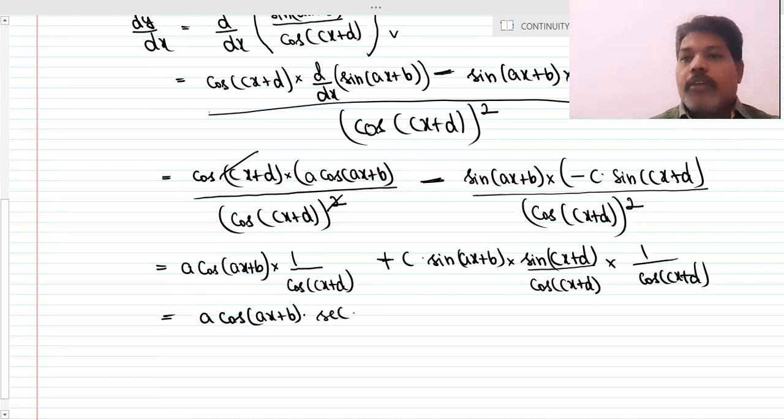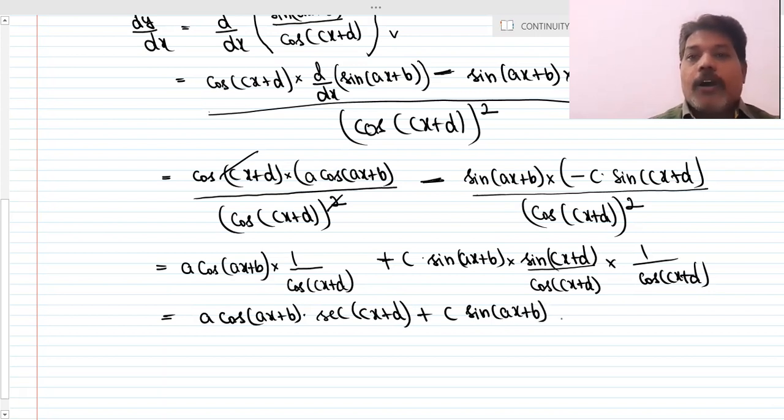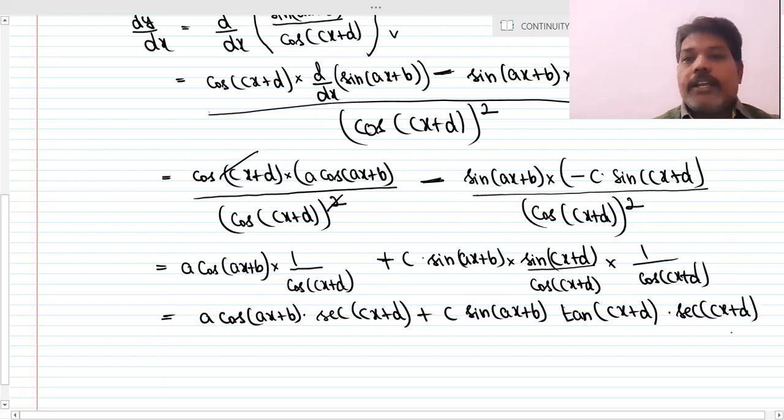What is 1 by cos? 1 by cos is nothing but secant of cx plus d. Plus c into sine of ax plus b into sine by cos, which becomes tan of cx plus d, into 1 by cos, which is secant of cx plus d.